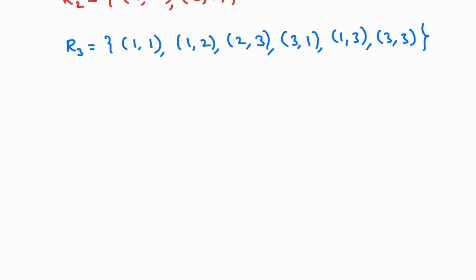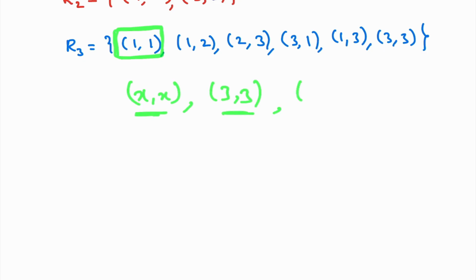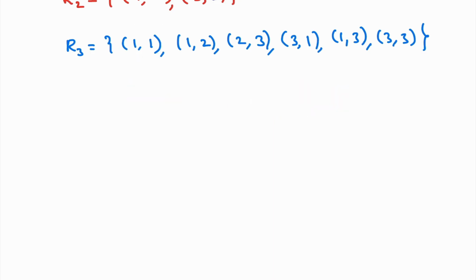One very important point. How to check whether a relation is transitive or not? First, we'll take this (1,1), and as this ends with 1, we'll look for any other pair that starts with 1. Like that we'll start. But whenever we are checking the transitive relation, elements like (1,1), (2,2), (x,x), (3,3) always satisfy the transitive condition. You see here (1,1) ends with 1.